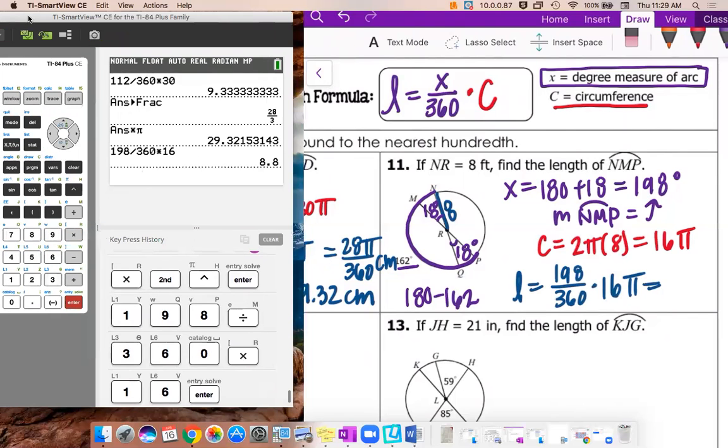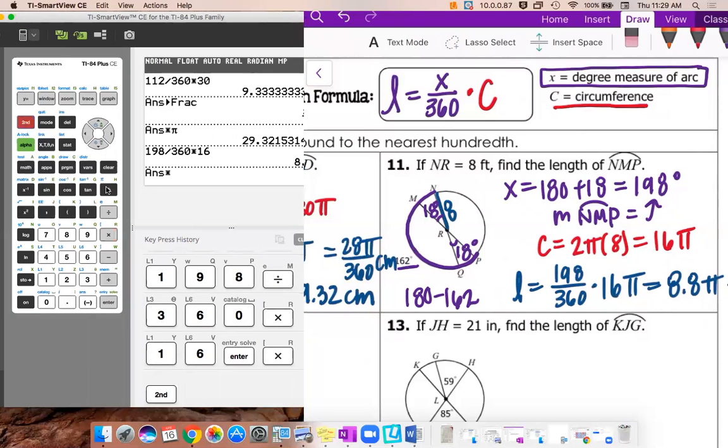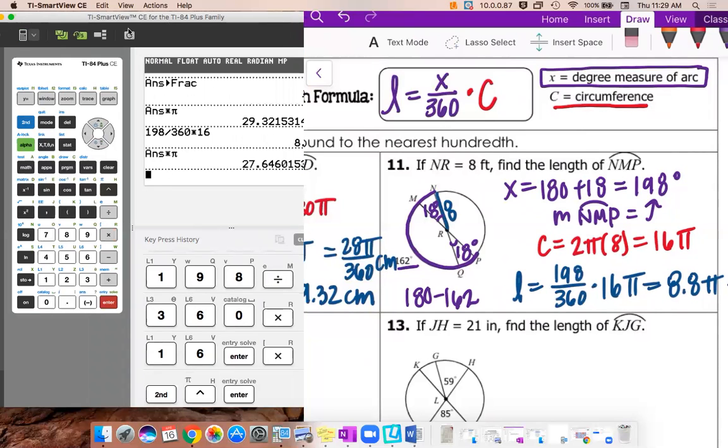And it's a nice 8.8. So 8.8 pi, and this was feet, or about, if you want to multiply that in, you just do this times pi. We get about 27.65 feet. And so either one of those is an acceptable answer whenever you guys are doing these lengths.